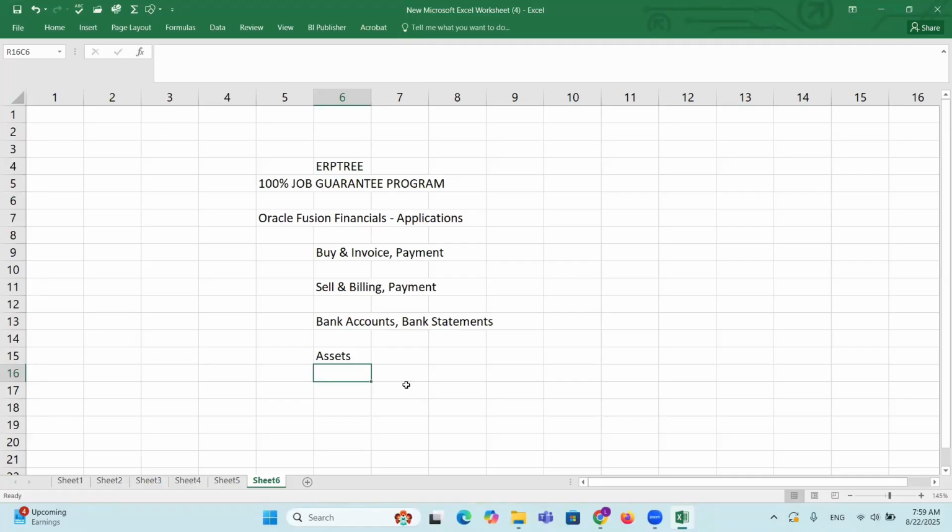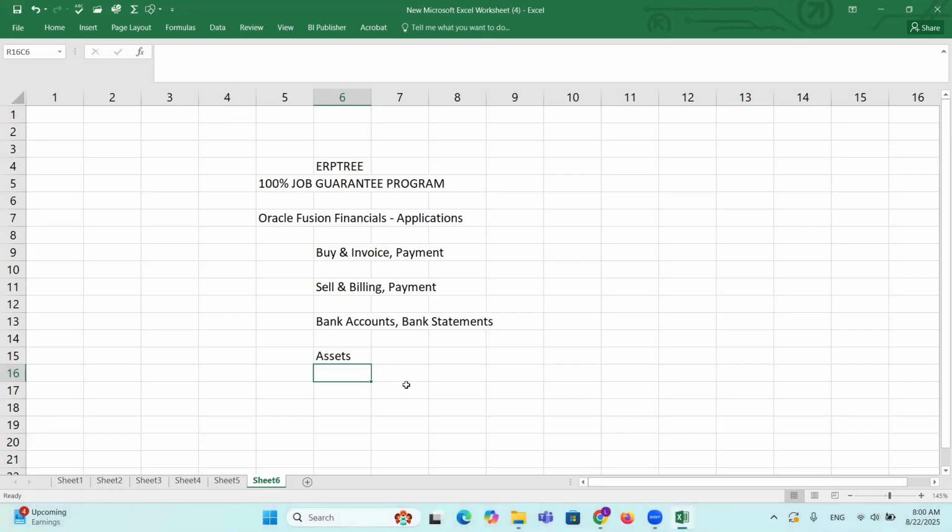The Oracle Fusion Financials also falls into the same category. Irrespective of your academics, yes, you can learn this course. It has huge demand in the market, not only local demand, global demand. You can learn this course and you can get job in any country.